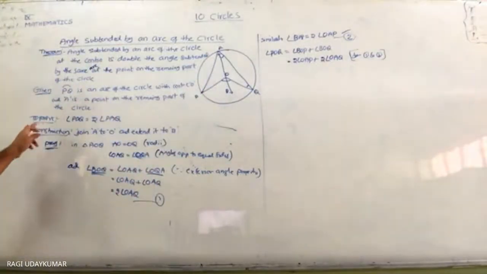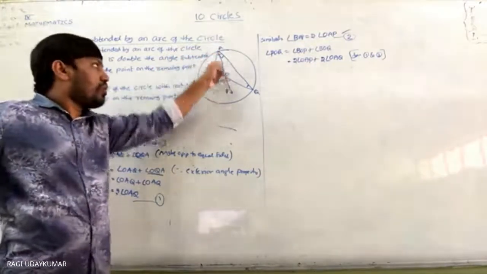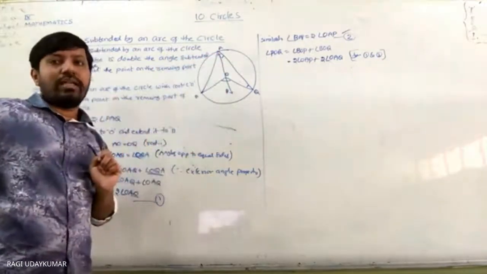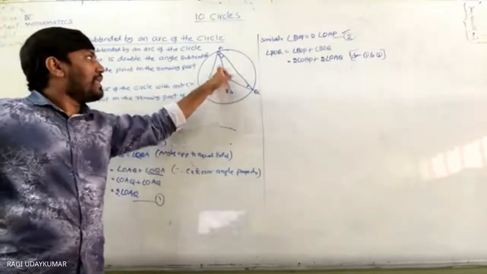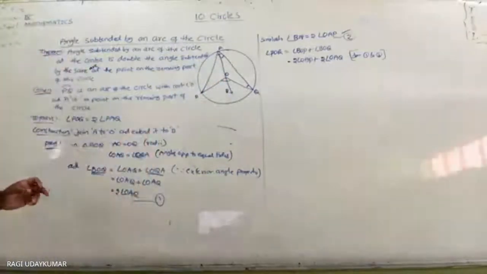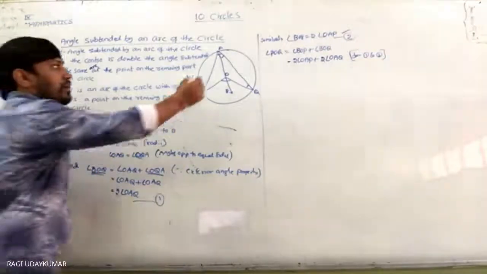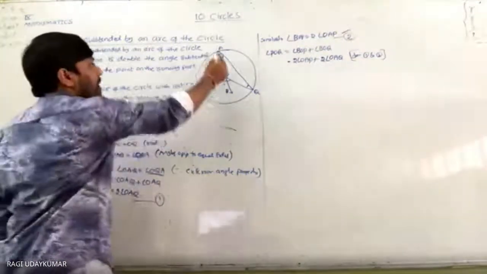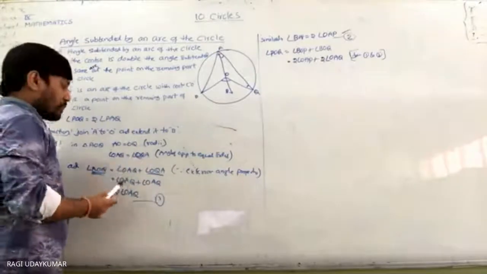Okay? So, construction, what we are doing? Join A to O and extend it a little bit, so that we are going to get a triangle here. AOQ is a triangle, or OAQ is a triangle. In that triangle, AO and OQ are equal because they are radii.